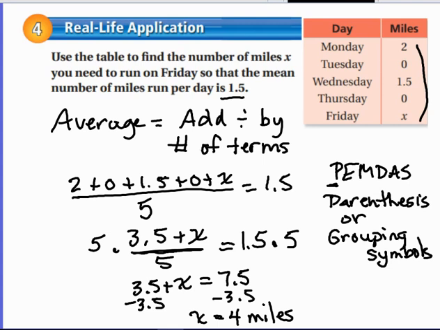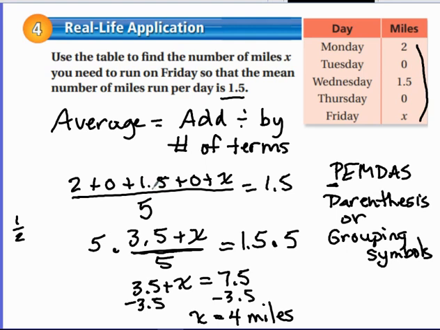Let's see if that makes sense. So if we wanted to run 1.5 miles every day, the first day we ran 2 miles, so we have an extra half mile. But on day 2, we didn't run at all. So we have this extra half mile that can count for one of our halves, but we still have 1 mile short. Day 3 here, we ran 1.5, so that one comes out to a 0.